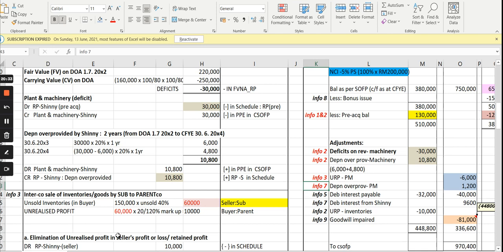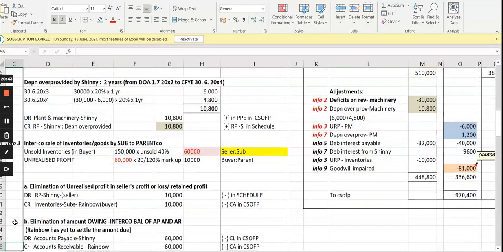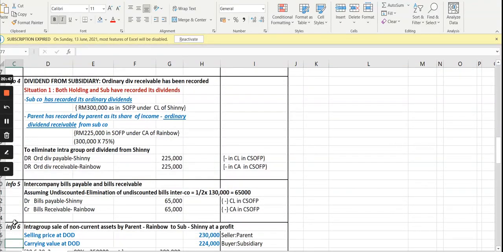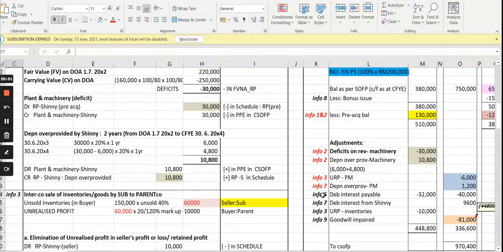Information 3 is on the inventory. Let me just check it, correct this. Information 3 on inventory, and information that relates to the plant and machinery is information 6. Okay, this is information 6. Right. Okay, 6 as well.